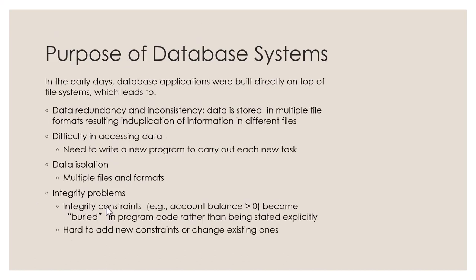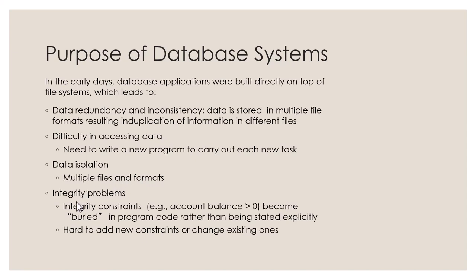Okay, so the purpose of a database system is that there's redundancy in data a lot of times, and data could be inconsistent, because data is stored in multiple file formats, resulting in duplication of information in different places in files. It's also sometimes difficult to access data, so we need to write a new program to carry out each new task.